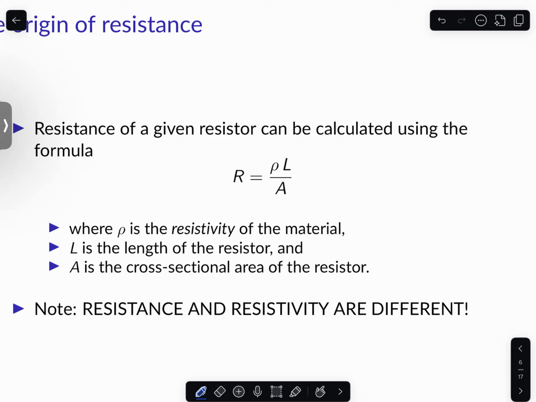Not surface area, not the total area around, but the, look, I'll draw the damn thing. Here's a resistor. I want you to tell me, do you know the formula for that area? Hint, it's a circle.